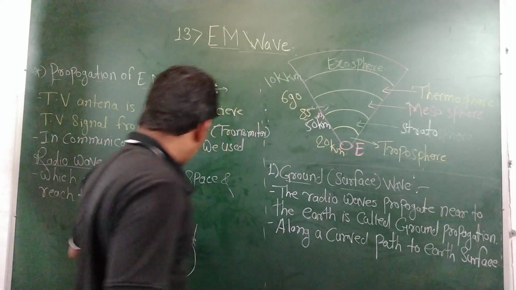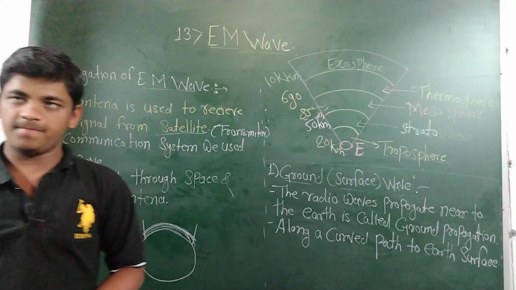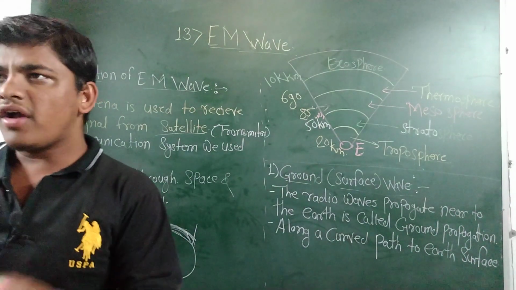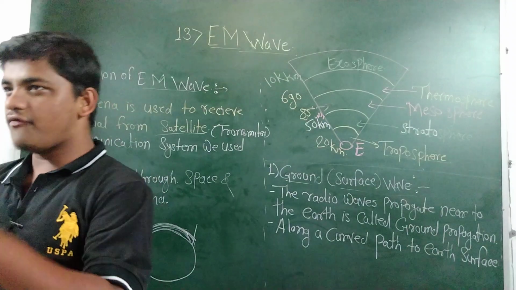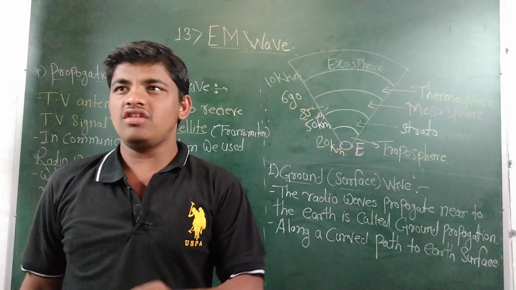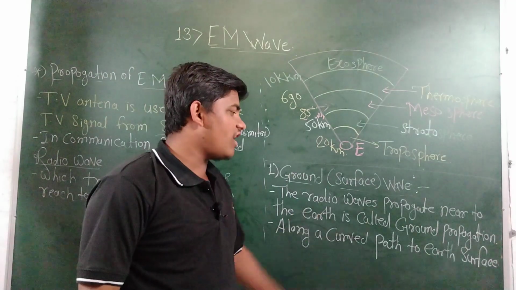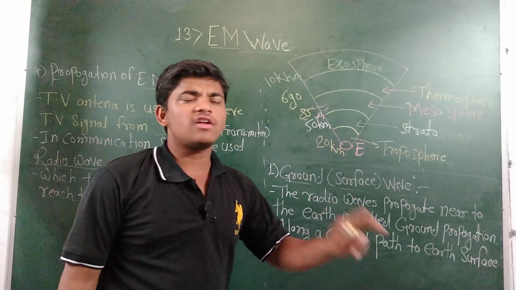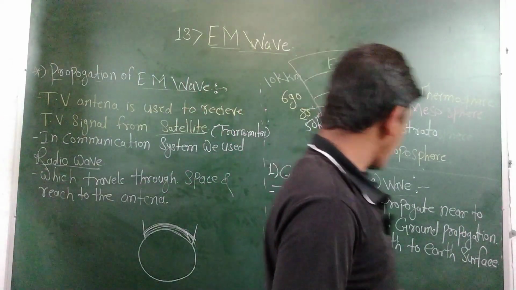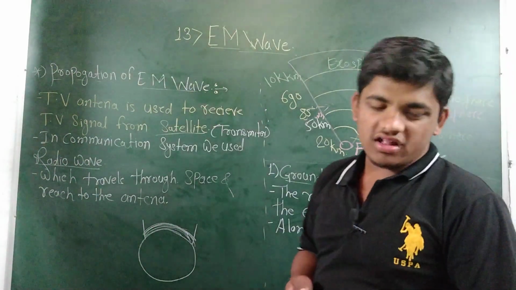This will be the fastest curved path and it is closer to the earth surface, and this is the path of the propagation. When radio waves from the transmitting antenna propagate near to the surface of the earth and reach the receiving antenna, this propagation is called ground wave propagation or surface wave propagation. The path will be closer to the earth's surface and it will be a curved path.